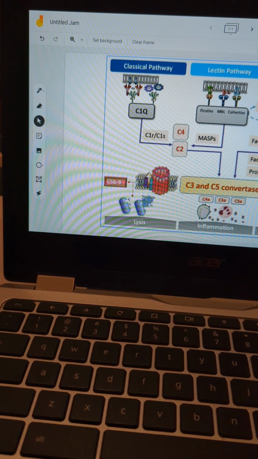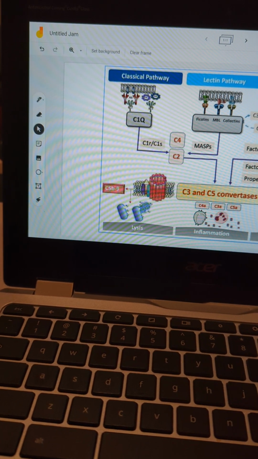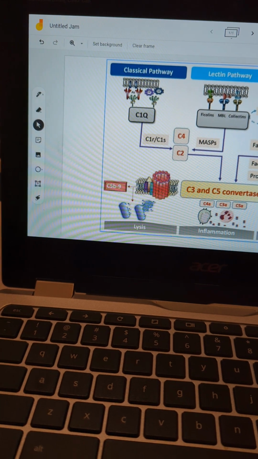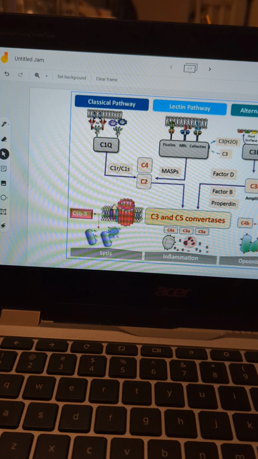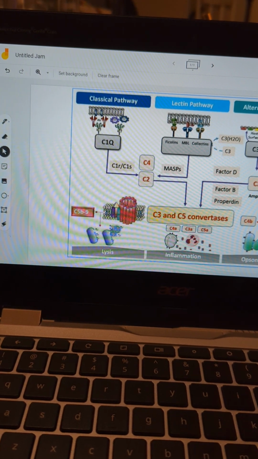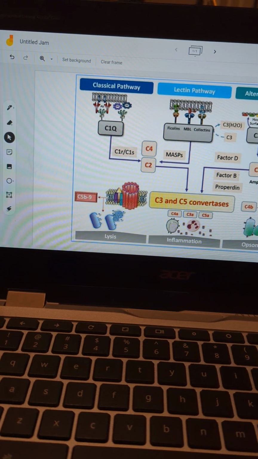When activated, it causes the hydrolysis, cleavage, of C4 and C2. Now, C4 and C2 get broken up into C4a, C4b, C2a, C2b.